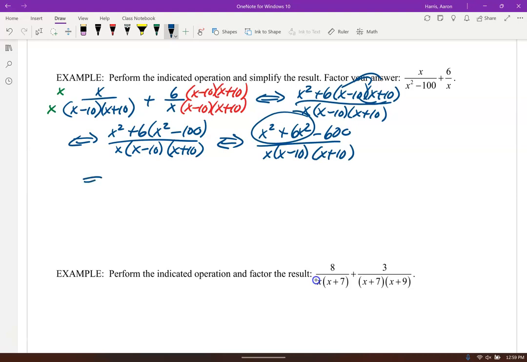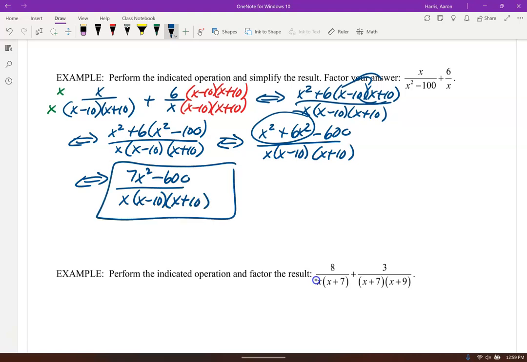So I've got 7x squared minus 600 all over this common denominator. Any questions on that one?